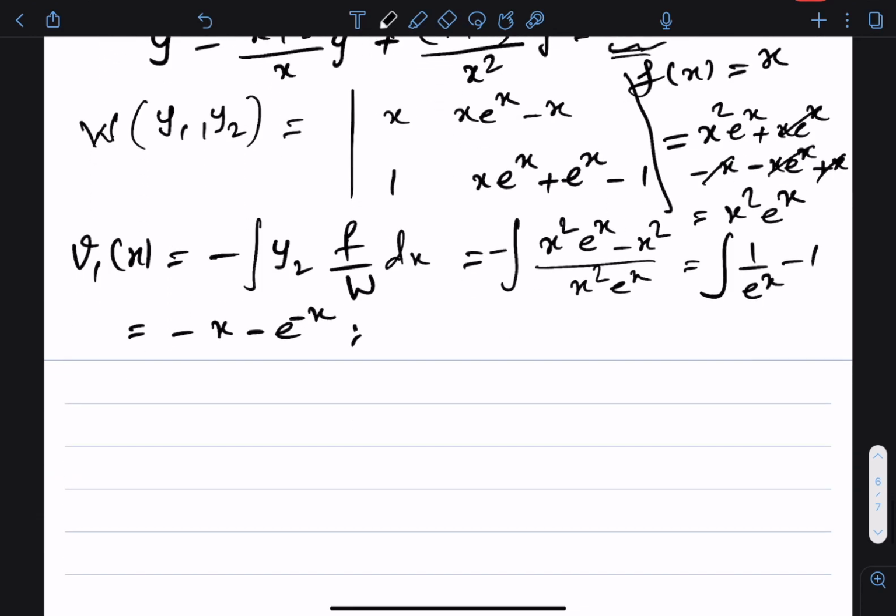Now similarly, if you do for v2 of x, it will be integral y1 f over Wronskian.